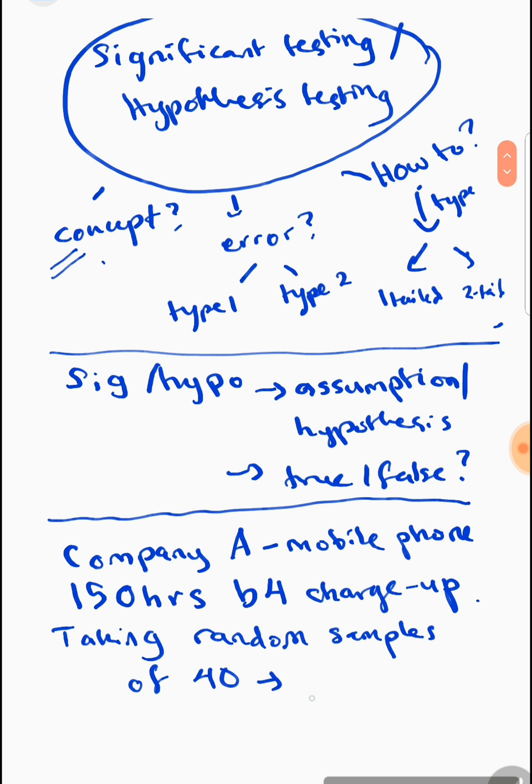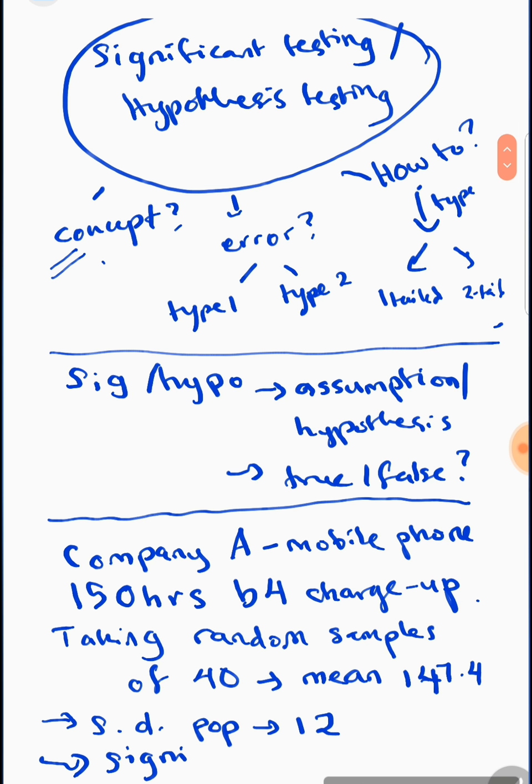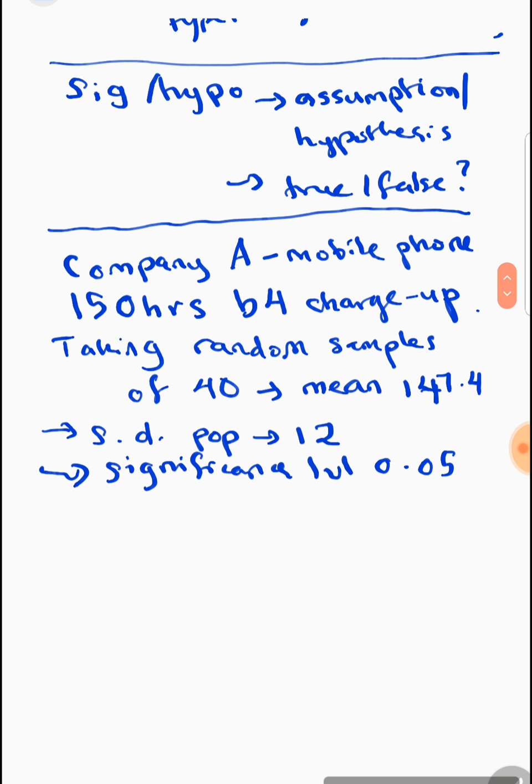It produces a mean of 147.4 hours. All right. So, assuming that the standard deviation for the population is 12, with a significance level of 0.05, do we, so let me just scroll this up a little bit.